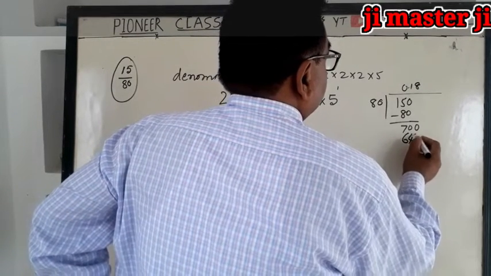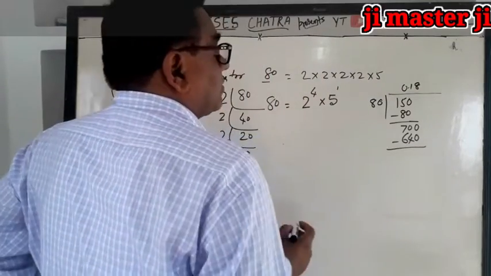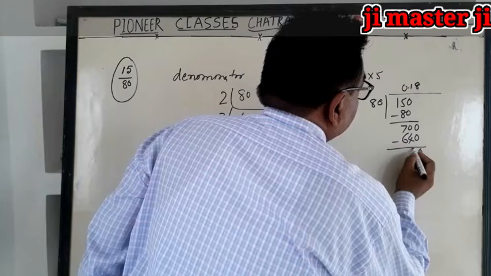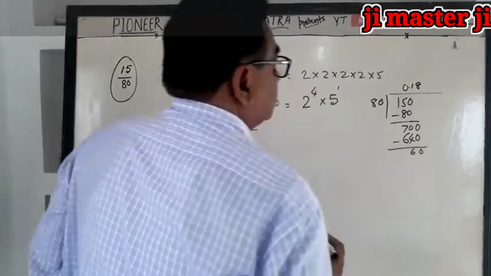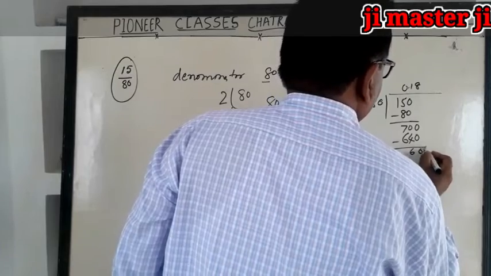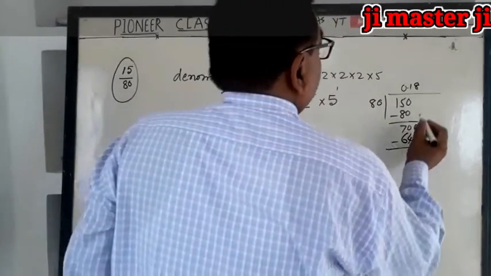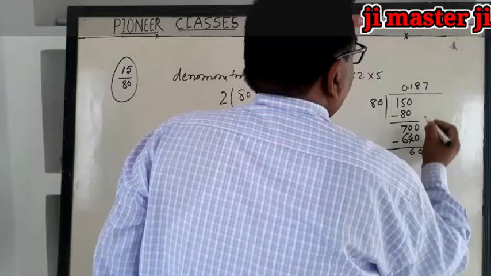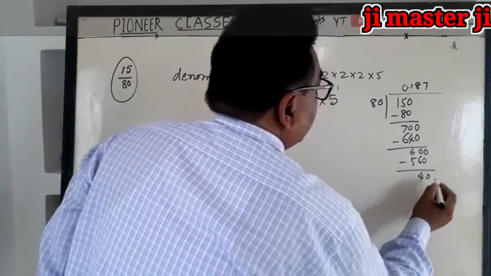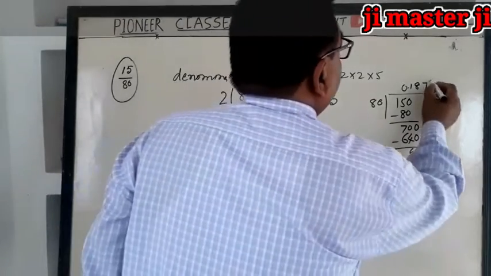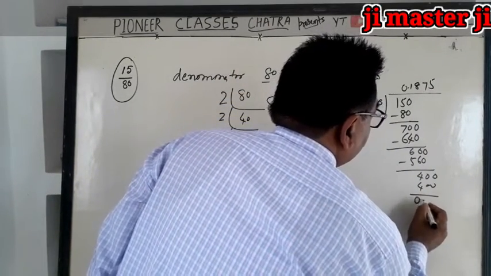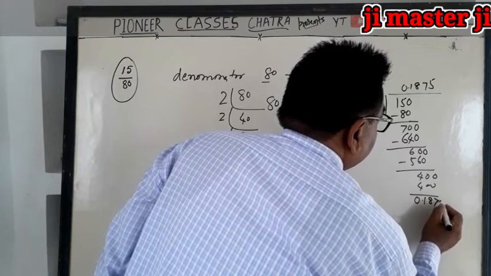So this is 640 and we subtract, this is 0. Again we put a 0, this is 600, 8 sevens are 56 and this is 40 and again we put here 0, so 8 fives are 400. So this is 0.1875.